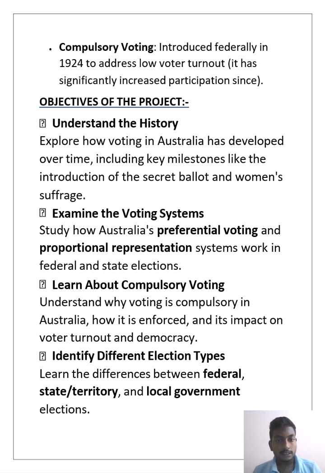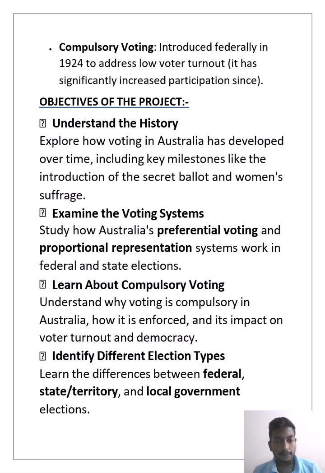Study how Australia's preferential voting and proportional representation systems work in federal and state elections. Learn about compulsory voting. Understand why voting is compulsory in Australia, how it is enforced, and its impacts on voter turnout and democracy.